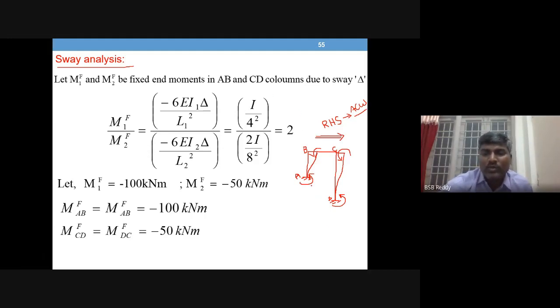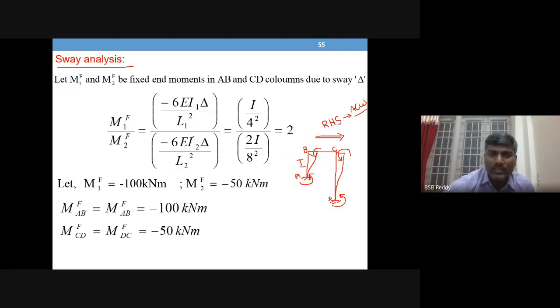So how do you assume the values? They are assumed by the ratio of their sway moments. Let us take the ratio of column 1 fixed end moments due to sway and column 2 fixed end moments due to sway: 6EIΔ/L² for each. For AB, I is the moment of inertia and L is 4 meters.